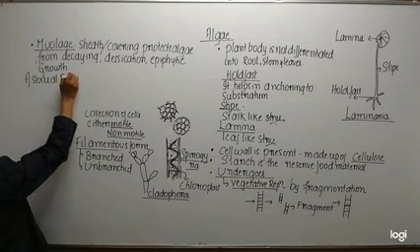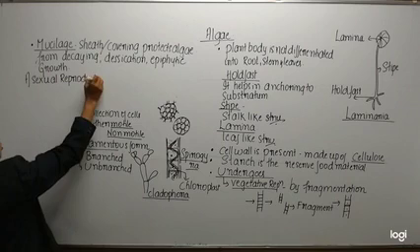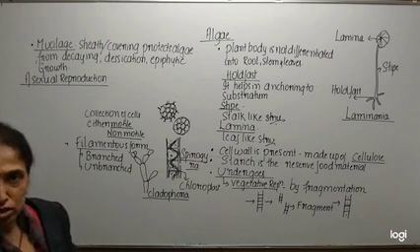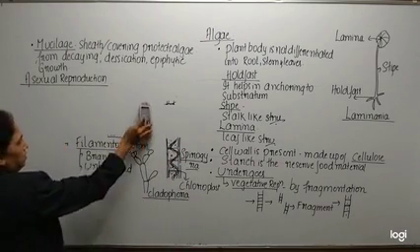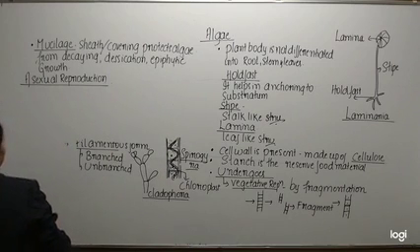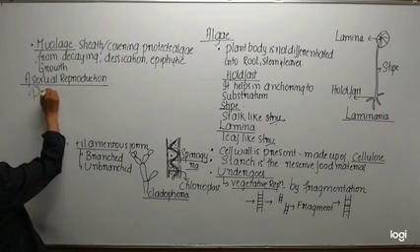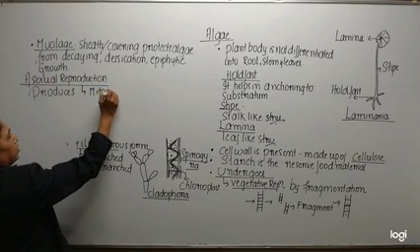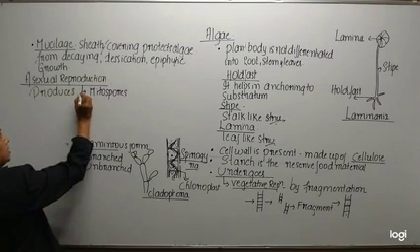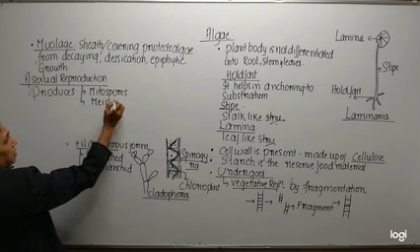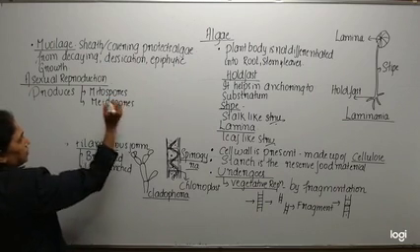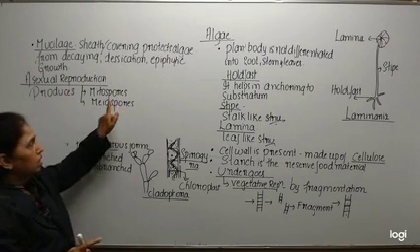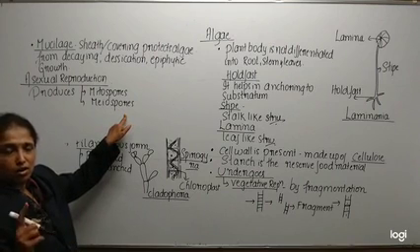It undergoes asexual reproduction by producing two types of spores, either mitospores or meiospores. The first group is called mitospores and the second is called meiospores. As the name indicates, spores produced by mitosis are called mitospores. Spores produced by meiosis are called meiospores.